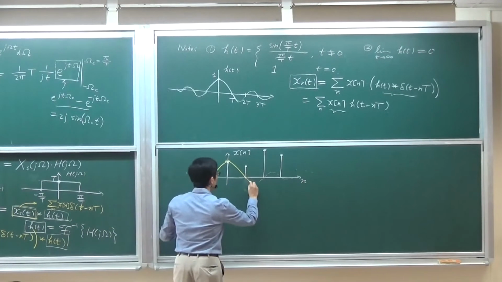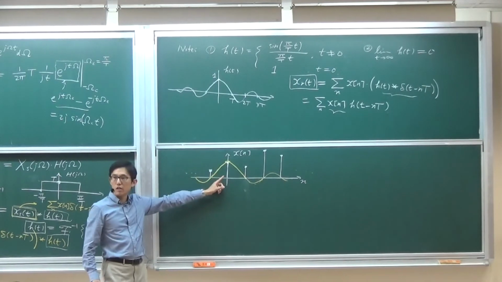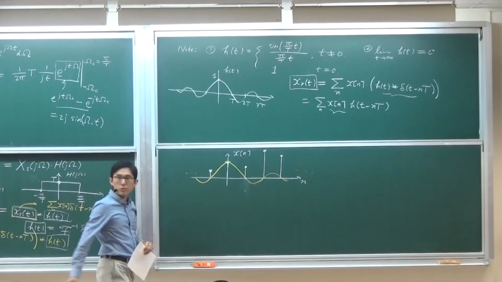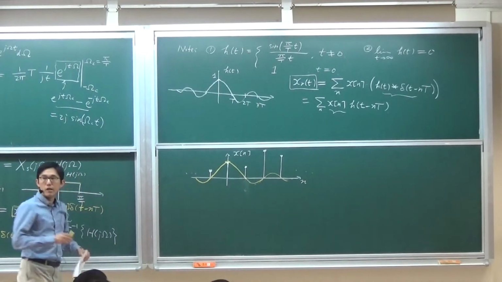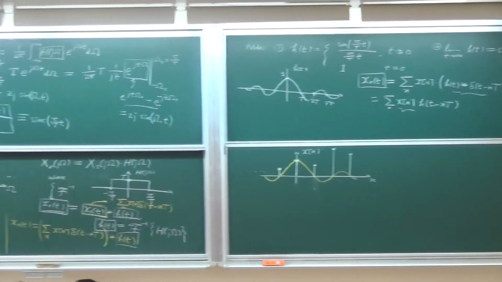That one is not shifted because it is at n equals 0. But for the next sample, we're also going to place a copy of the sinc function right there, centered around that sample.